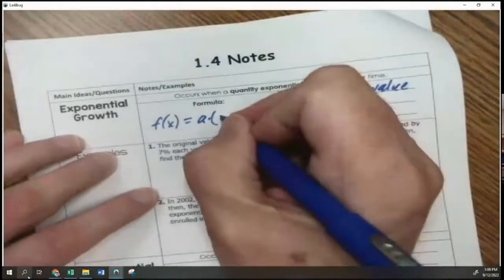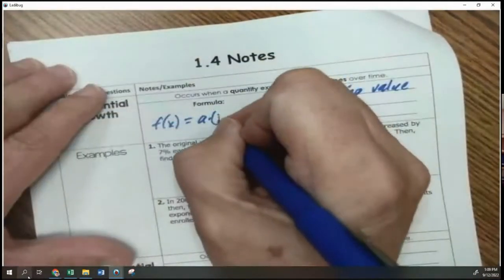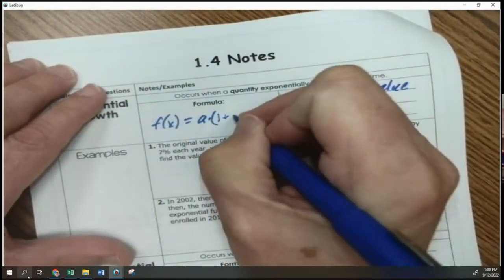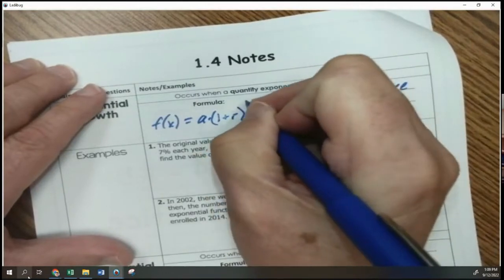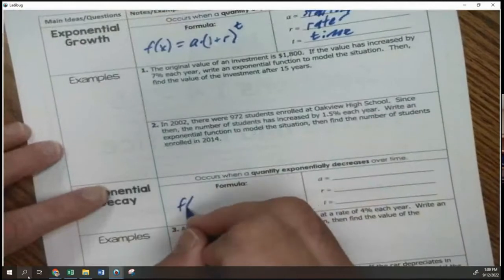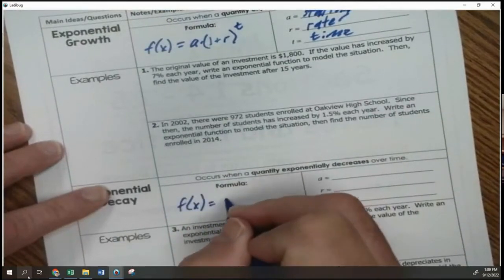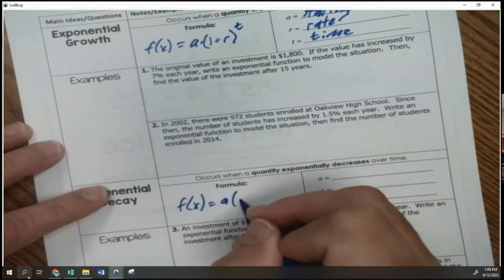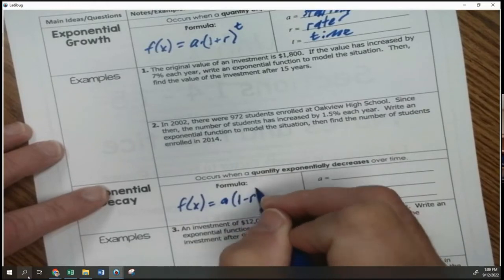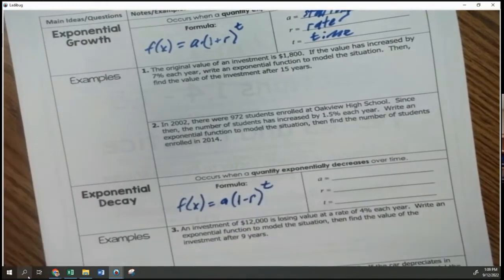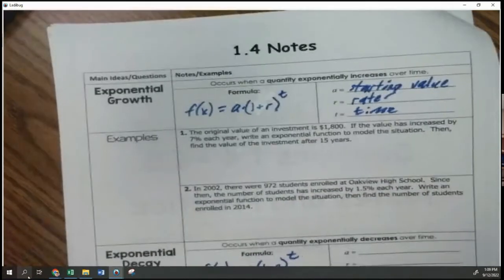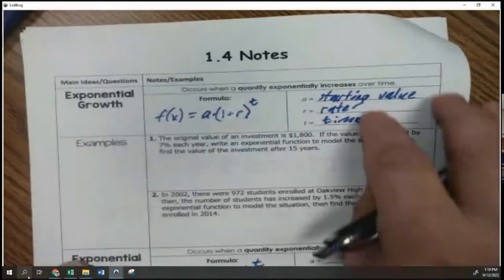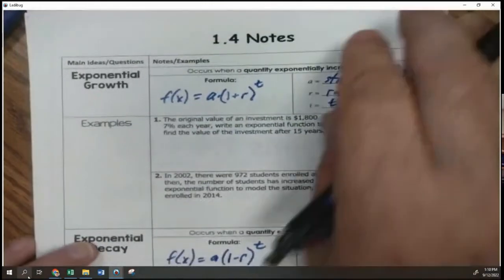If it's growing, when we write the equation, it should be 1 plus the R raised to the value of T. If it's decaying, f of x, A times 1 minus the R to T. And we will see some examples of that. And why am I putting the 1 in this equation? Well, let's look at that. Let's do a couple of examples.